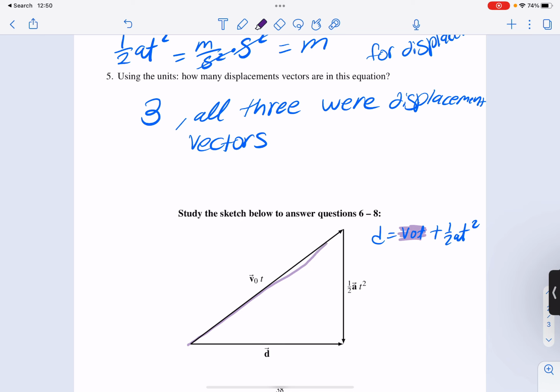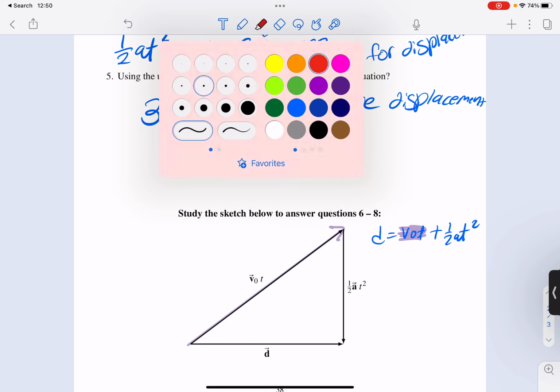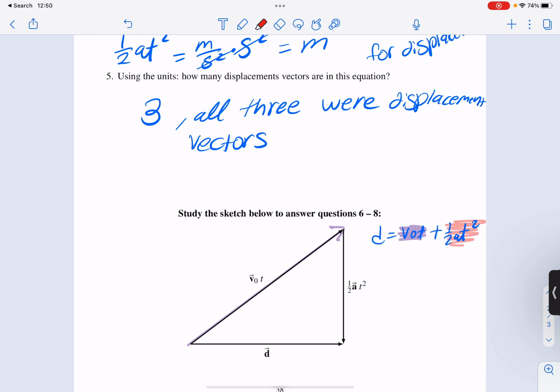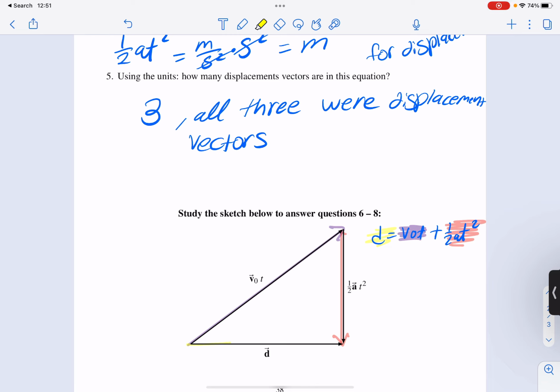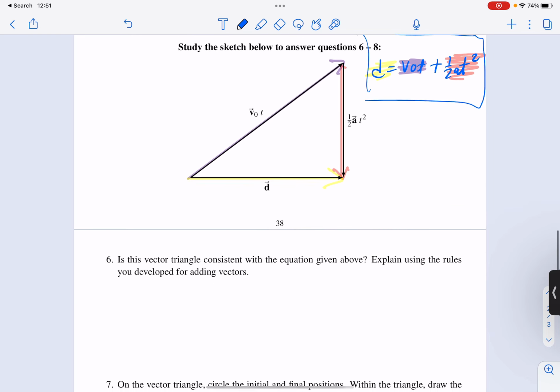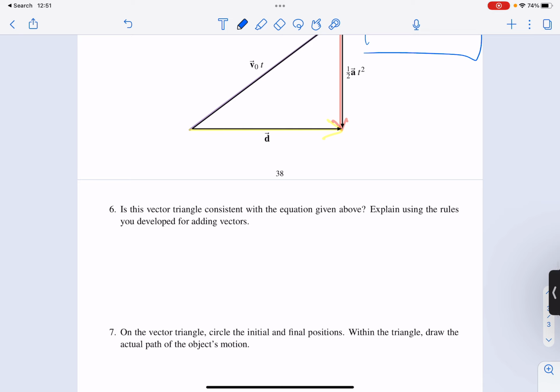Go here, that's 1, right? Then we'll add our second vector, so head to tail, we add, and now our resultant vector, our displacement, goes from beginning to end point. So we can turn this equation literally into an addition of vectors. So yes, it is consistent.